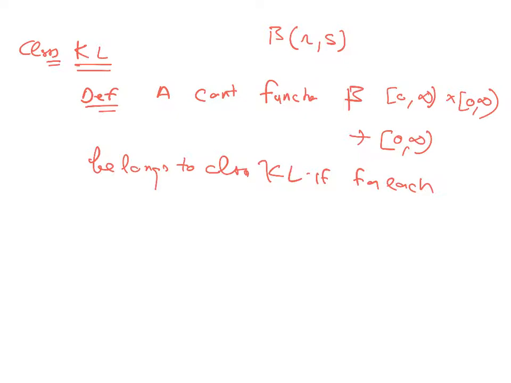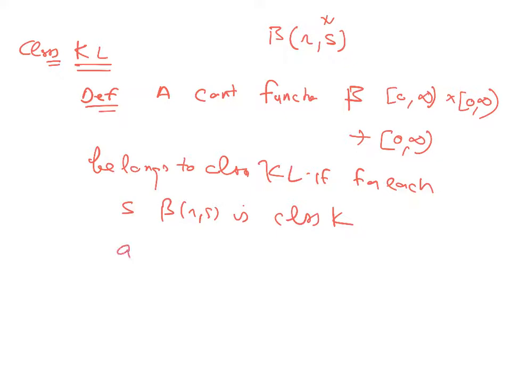It is KL if for each fixed s, let's say I fix s as a constant, I'm not changing it, I just choose one s, beta(r, s) is class K. What does that mean? If I fix s and change r, it's an increasing function, and it will satisfy all the properties of a class K function.